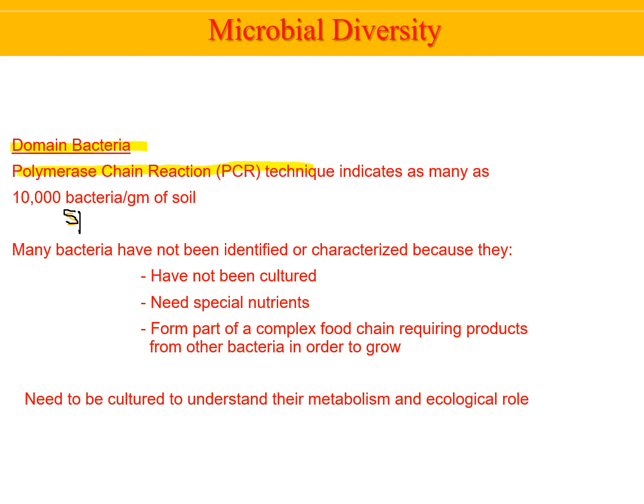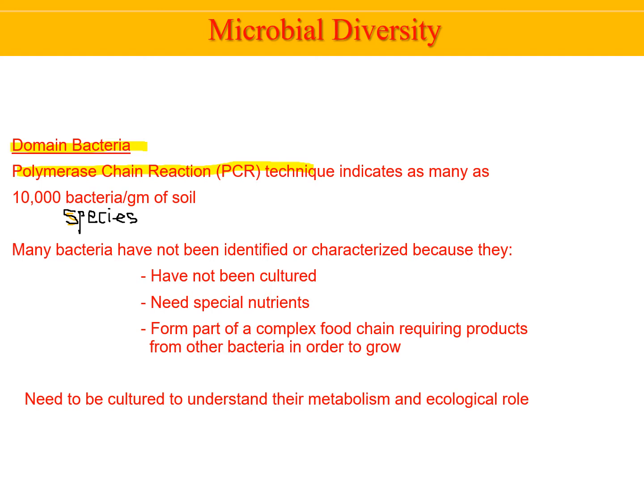Of course, the number of actual individual bacteria per gram of soil is in the trillions or more, but 10,000 different species is very likely to be found in an ordinary gram of soil out there.